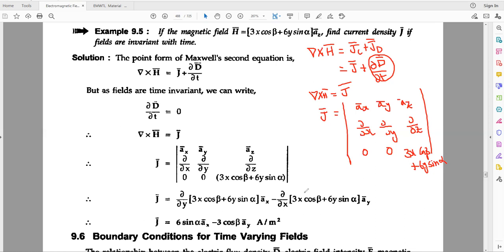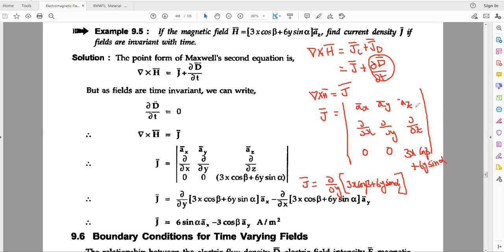Got it? So now you get J bar is equal to, if you take the AX bar coefficient, dou by dou Y of this function, dou by dou Y of 3x cos beta plus 6y sin alpha, minus this term which is 0.